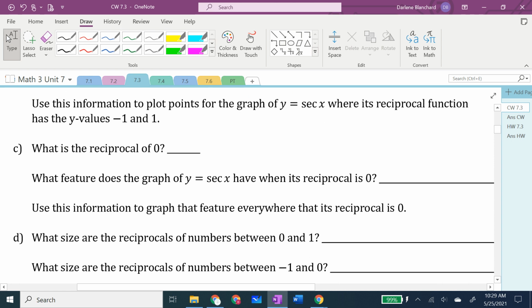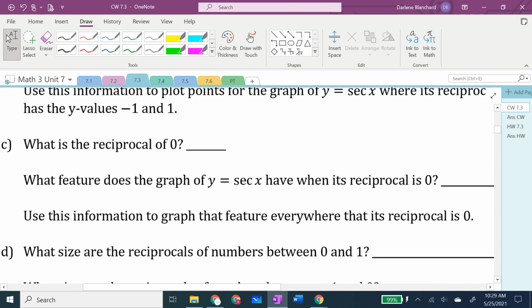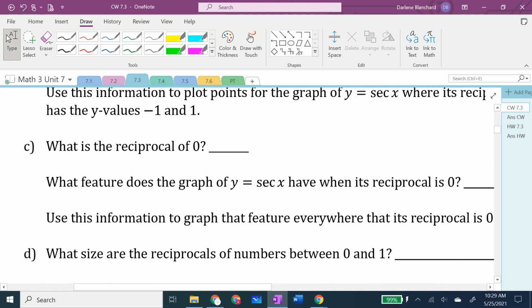So in part C, I want to talk about there are places where cosine crosses the x-axis. And when it crosses the x-axis, its y value is 0.